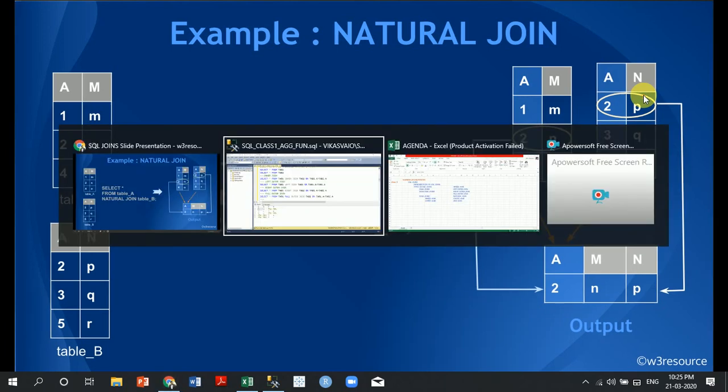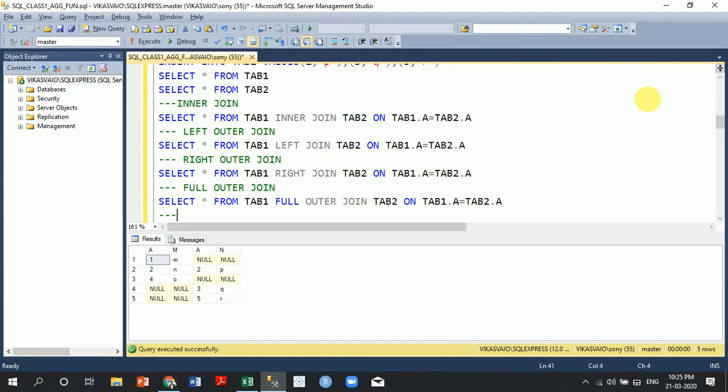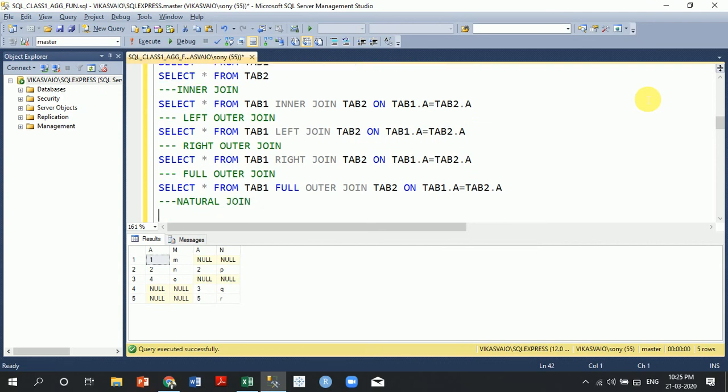Let's understand it practically. So we are going to do a natural join. I'm just going to write the query. Just copy the query and paste it. No ON condition is required in a natural join, because it takes place naturally.